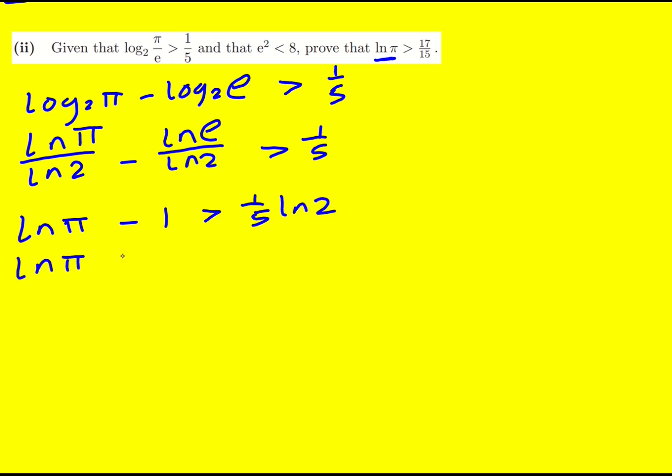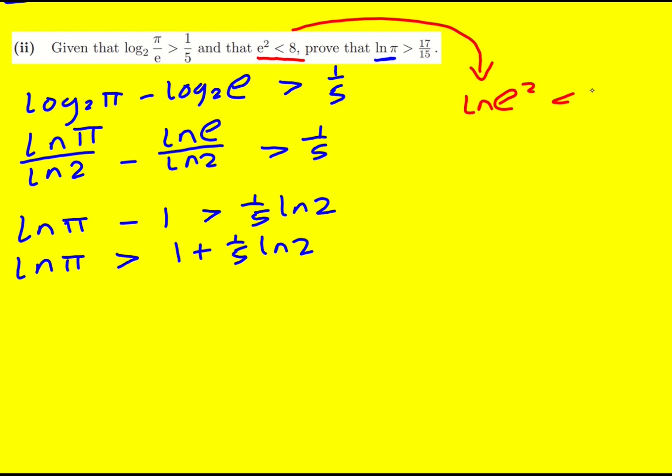And we've got ourselves an inequality for ln pi. Just need to now deal with the ln 2. Remember, we've got this. So what I can now do is, well, I want ln 2, so I can again just take ln of both sides. Ln of e squared is going to be less than ln of 8.